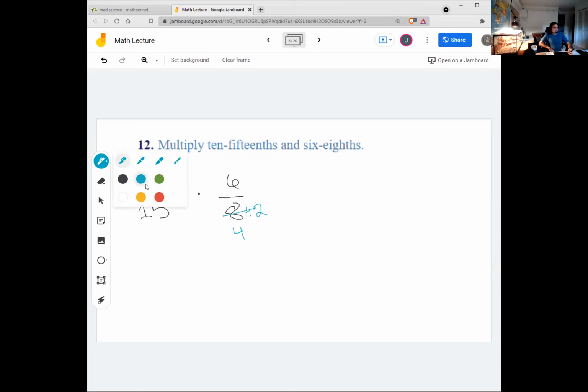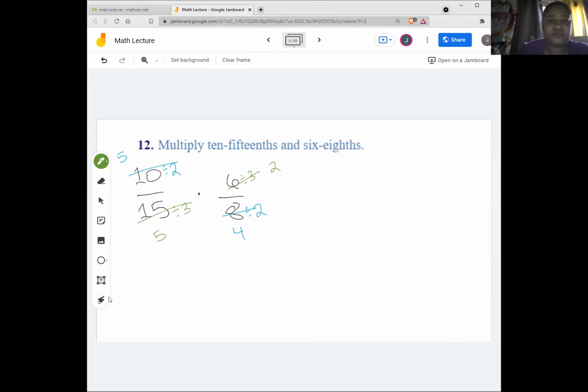And let's do a divided by 3 here and a divided by 3 here. And that changes that into a 5 and that into a 2 and things like that. And then you just go across? I could cancel more because my 5s, I could divide top and bottom by 5. I could do more canceling here because the 2 and the 4 have a 2 in common.